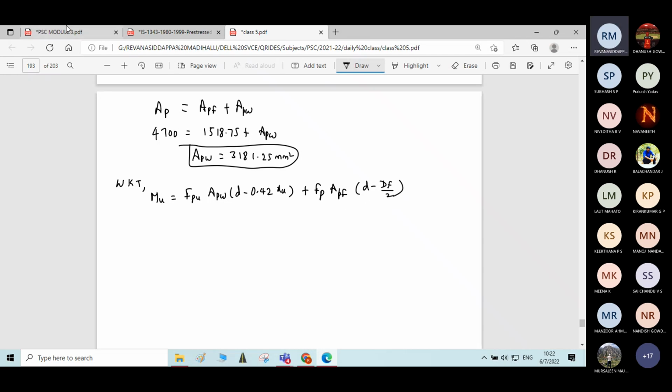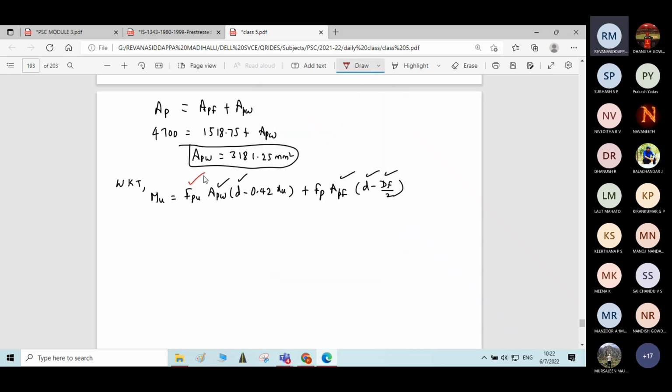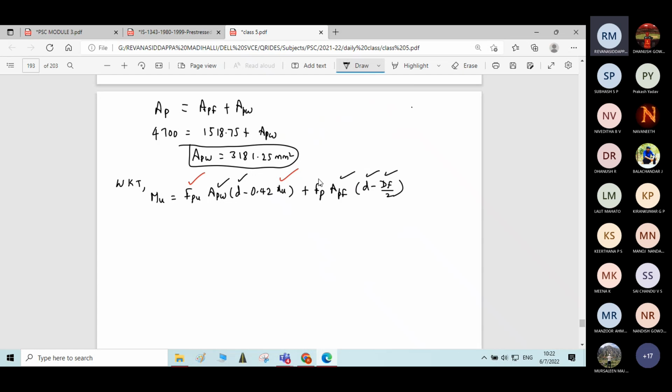So the same formula I copied here. Now APW is known, APF is known, effective depth is known, depth of flange is known. Only the thing is we need to calculate the value of FPU, ultimate tensile stress, and depth of neutral axis XU. FP value is also known, it is 1600.